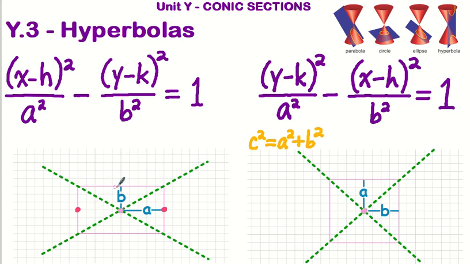But the rectangle is really important, because these asymptotes go through the corners. Like these green asymptotes go through the corners of this rectangle that was made with your a and b values.